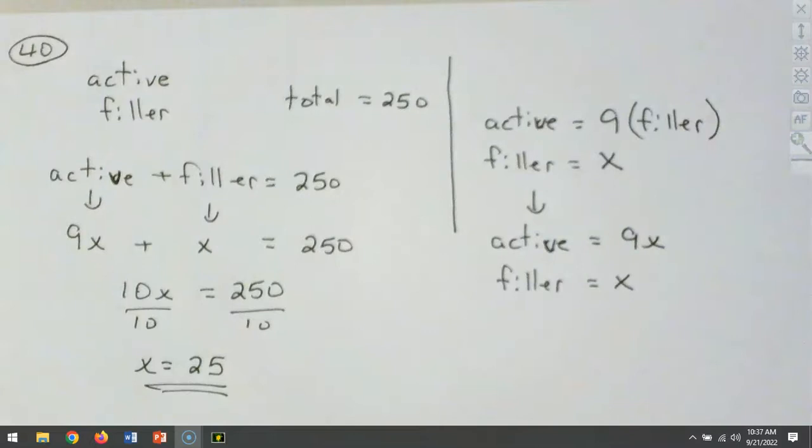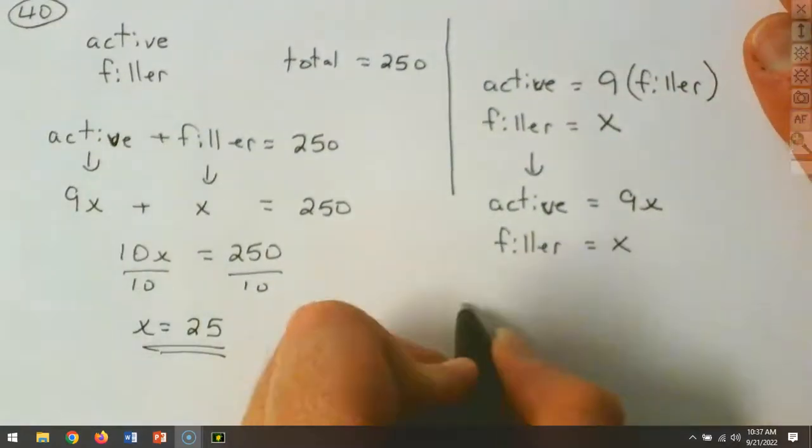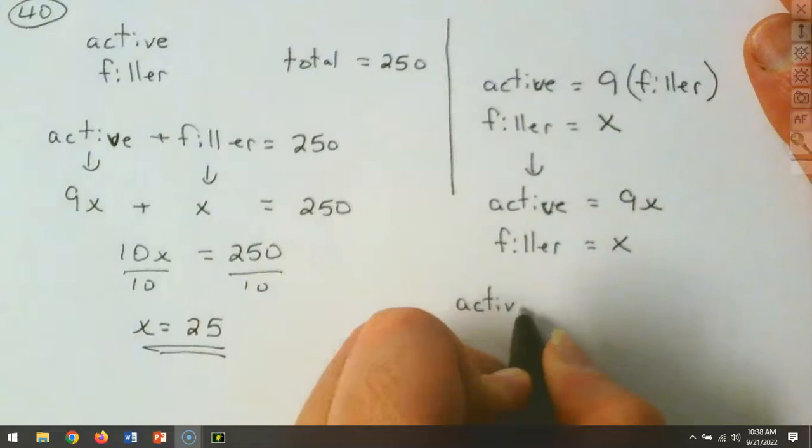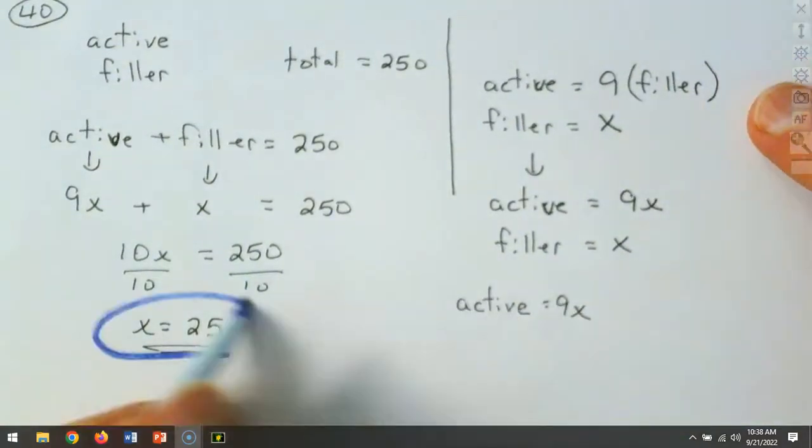We need to make sure we get the answers for the question. The question specifically says how much of each kind of ingredient, so the filler and the active ingredients. The active ingredient is 9x, so we're going to take this 25 and plug it in.